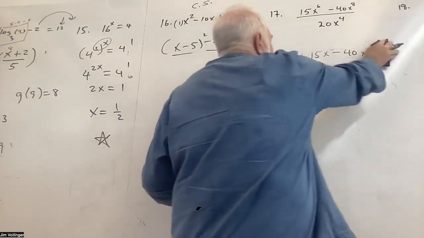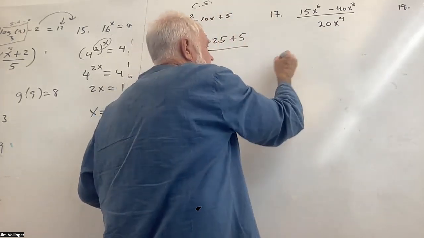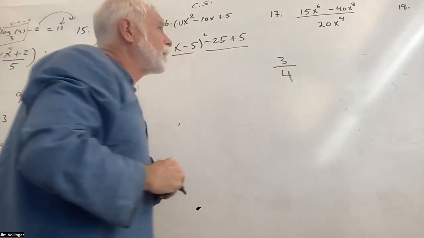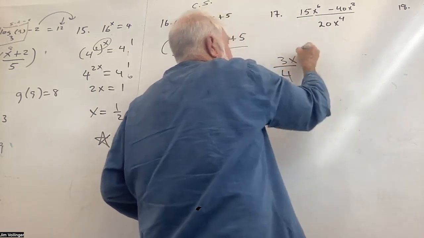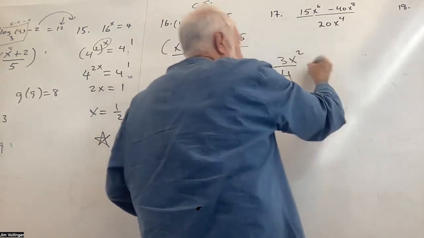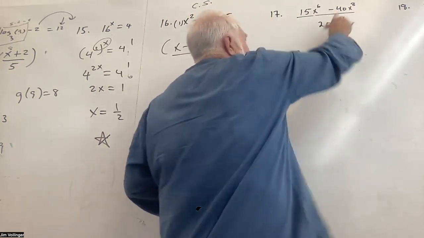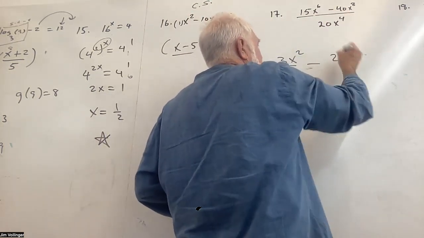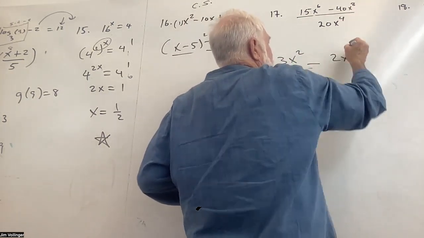All right, so how do you reduce 15 over 20? Well, 5 goes into both. So we know we got 3/4. What's x to the 6th over x to the 4? It's x squared. Now we've got to do the second fraction. And 40 divided by 20 is 2. So we got a 2. x to the 8 over x to the 4 is x to the 4.